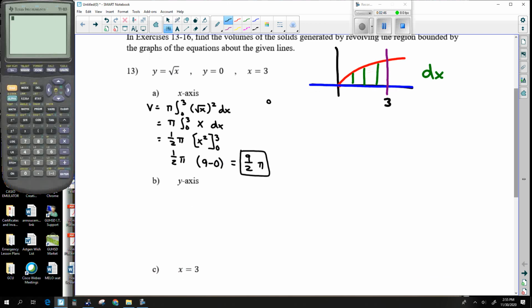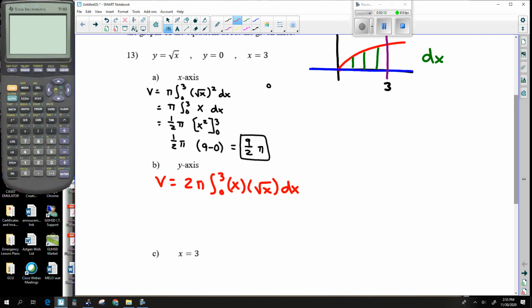Okay, here we are going around the y-axis, so this is not a dx method. This is probably the shell method that you'd want to use in this situation. The volume is equal to 2 pi, 0 to 3 of x times the square root of x dx. So x and the equation. This is 2 pi, 0 to 3 of x. This is 1 plus 1/2, so this is 3 over 2.